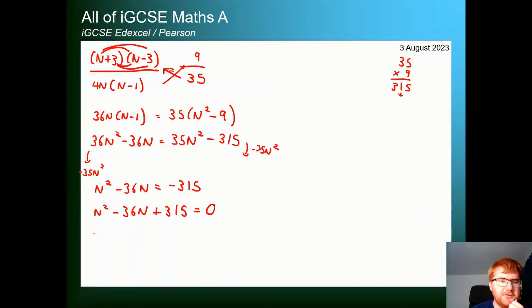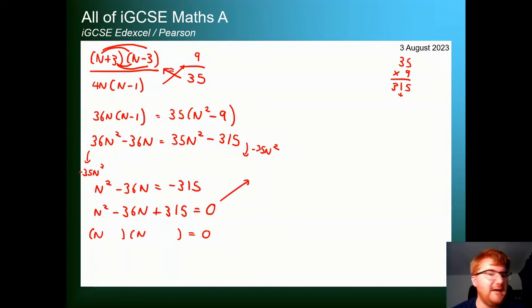Again, we could take the approach that we've looked at in previous questions, but I think in an exam setting it's not so obvious which factors of 315 work for minus 36. If you do get those, congratulations. So instead, I'm going to use the quadratic formula, which we haven't used so far in this particular video.